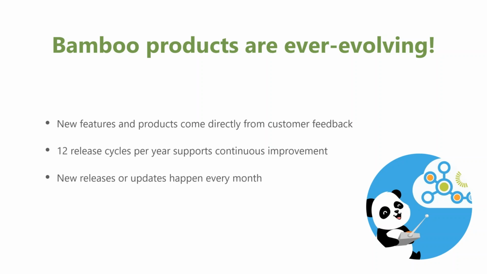We do 12 release cycles per year, which support continuous improvement. So our products are continuously developed against. We have, like I said before, a very agile development team. We follow Scrum company-wide, so every 2 weeks, new releases, new updates. So very consistently pushing out updates and getting these things where they need to go.